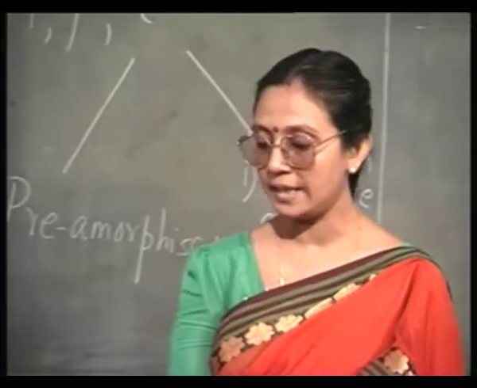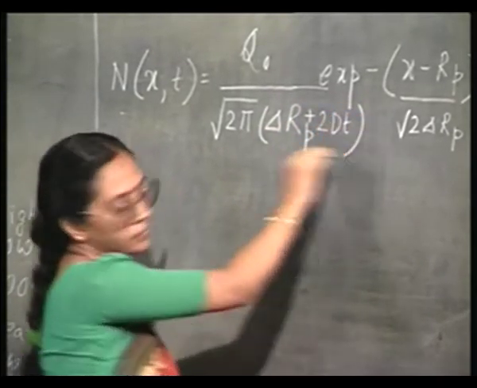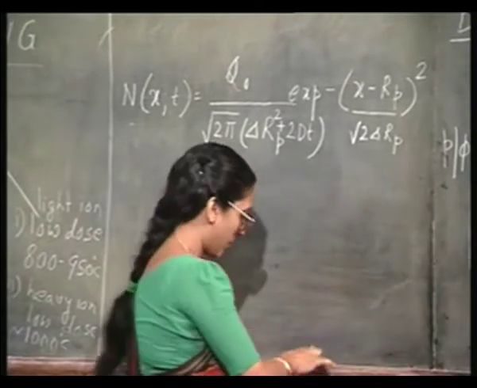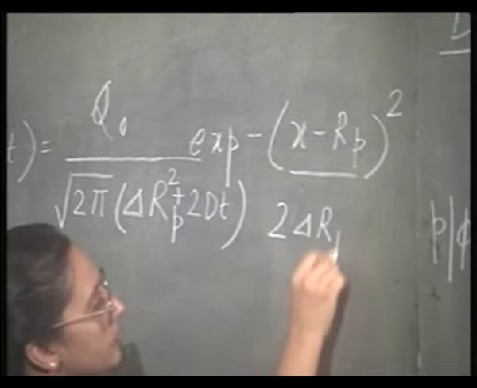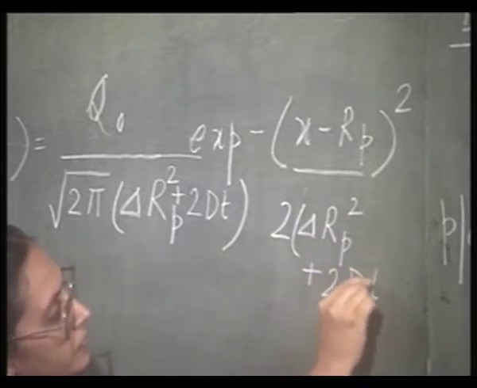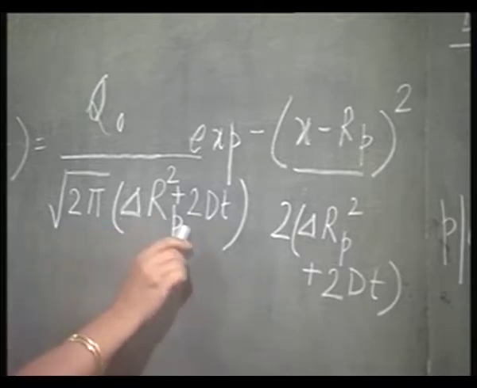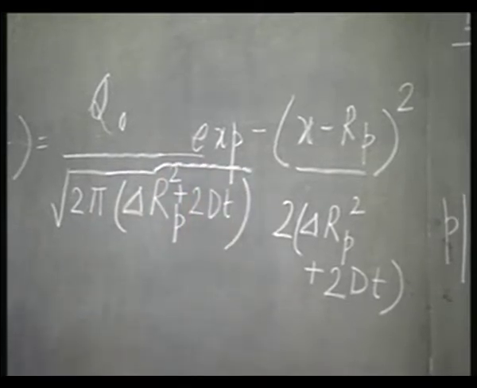Now, because of annealing, it gets modified, and this I can write simply by merely replacing delta Rp with the square root of delta Rp square plus twice Dt.